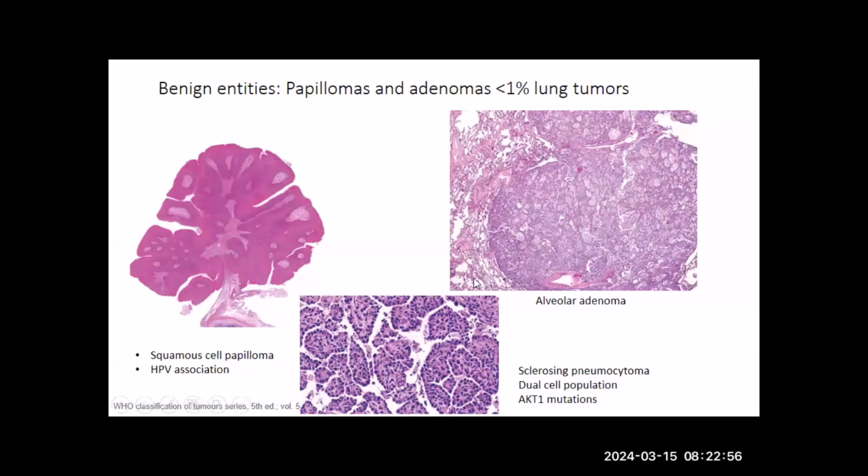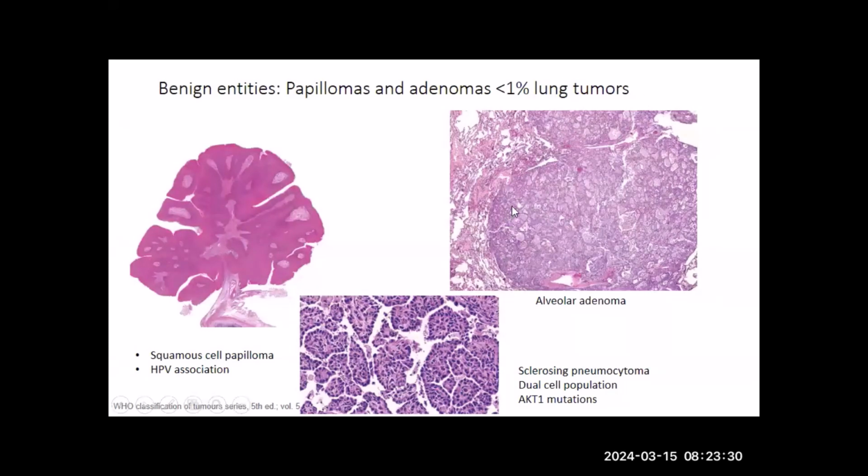And then there are also some other benign entities like alveolar adenoma. You can see in this image a very localized proliferation. At the periphery there are normal alveoli, and this is a very defined proliferation composed of very benign-looking glands, and there is no invasion into the surrounding stroma.